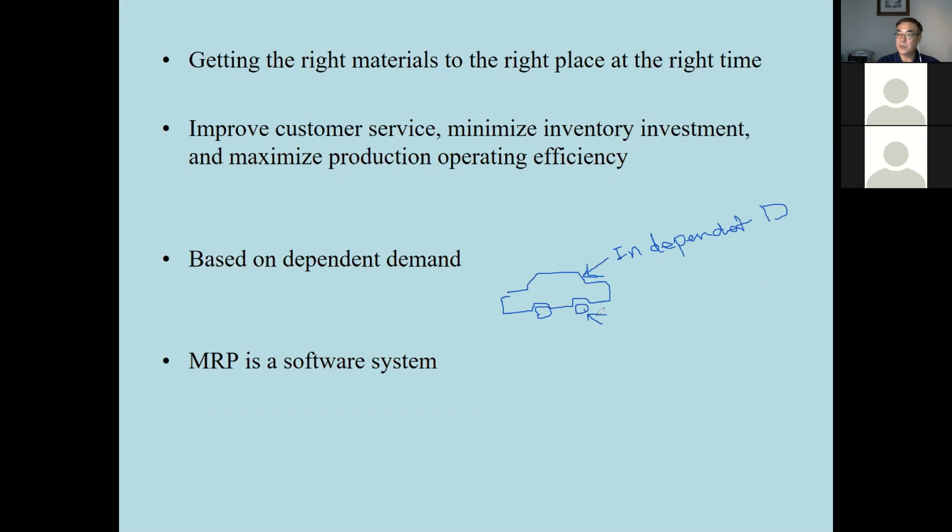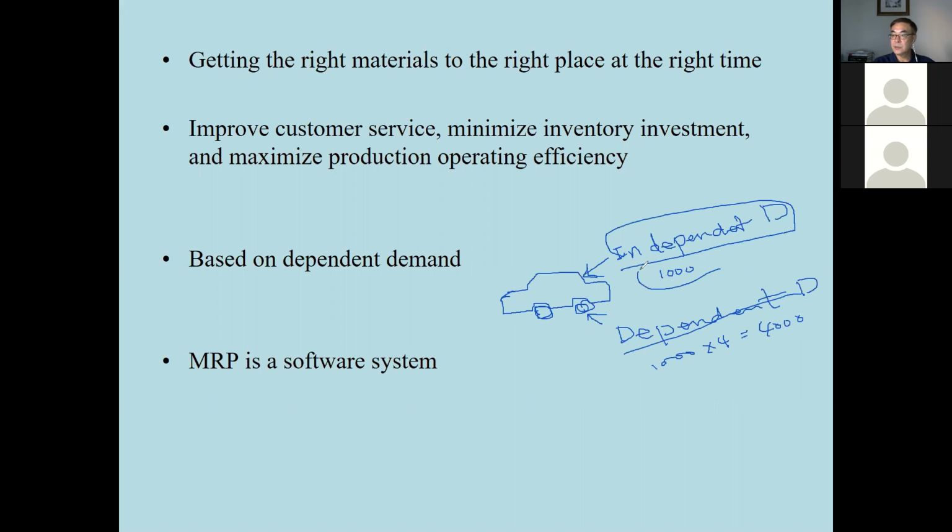Parts, components, and so on are dependent demand. So based on independent demand, if we know the scheduled production plan, like 1,000 cars, and a car needs a regular tire at 4, then dependent demand is 1,000 times 4 equals 4,000.